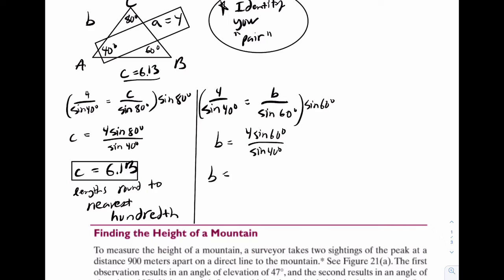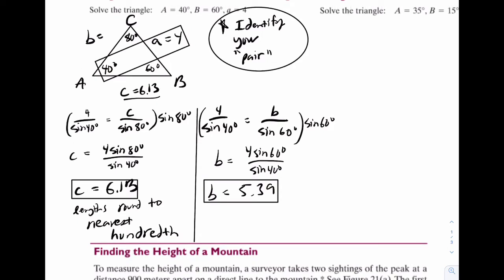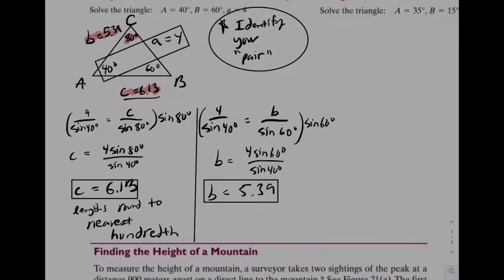Put that in your calculator, and you get 5.39. Box that. And again, notice how we're rounding to two places. That's what we'll do today. You're going to put 5.39 right there in your triangle. And I'll just highlight everything we found today. So look at that. There's your 80, 6.13, 5.39.